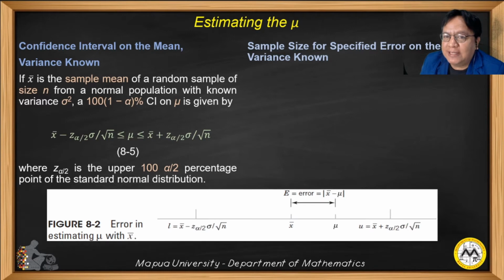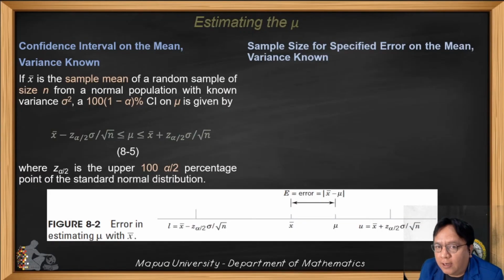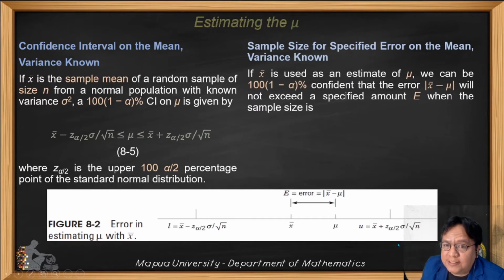So for the sample size of a specified error on the mean, with variance known, if x bar is used as an estimate of mu, we can be 100 times 1 minus alpha percent confident that the error x bar minus mu will not exceed the specified amount E when the sample size n is equal to z of alpha over 2 times sigma over E quantity squared.